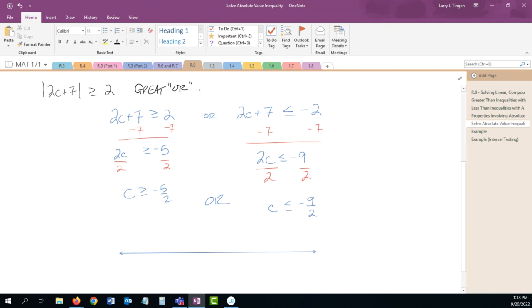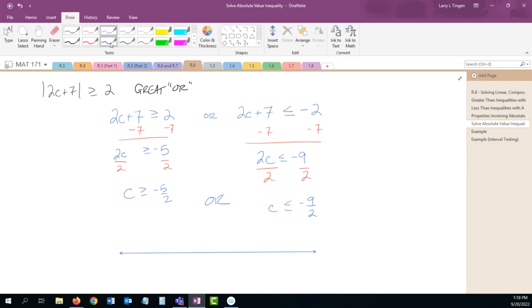Just as a little aside, -5/2 is -2.5, right? 2 goes into 5 twice with a 1 left over, so that's 2.5.